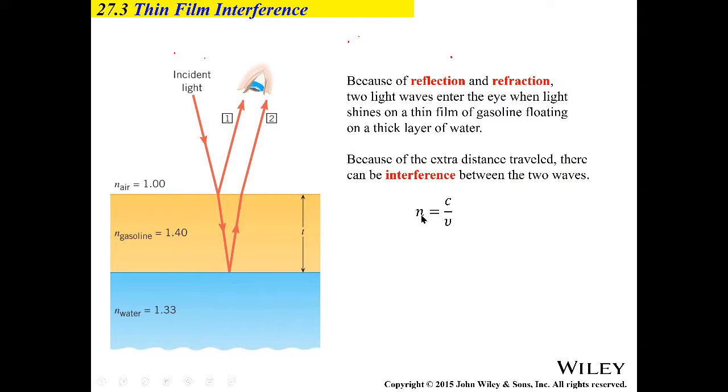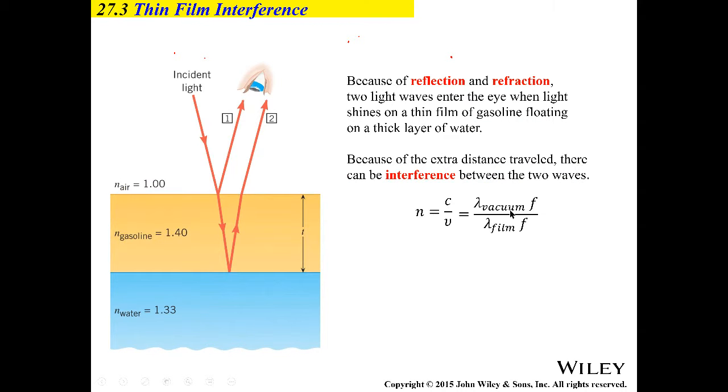You see, the index of refraction is, let's say, bigger than 1. So the velocity in the medium is now slower. That's why you have an index of refraction. c is the velocity of light in vacuum, in air.